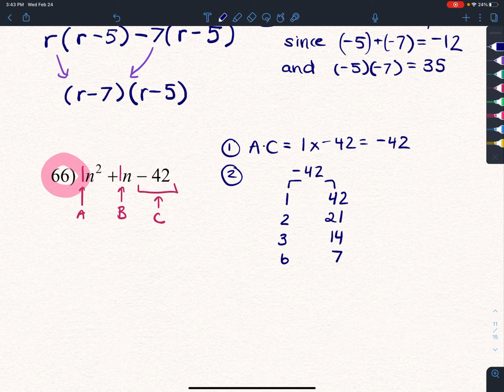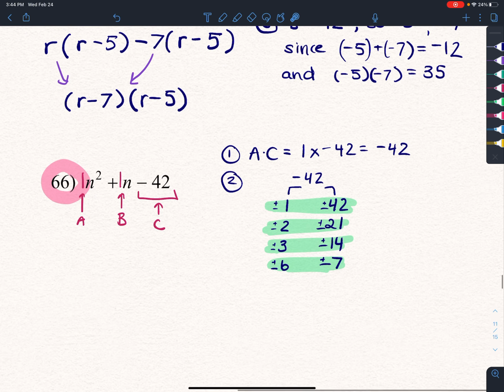So now this is where that plus minus situation really comes into play, because in this example, you have to add up your pair that you choose, and then you also have to be able to multiply them and get back a negative 42. So these are all our options.